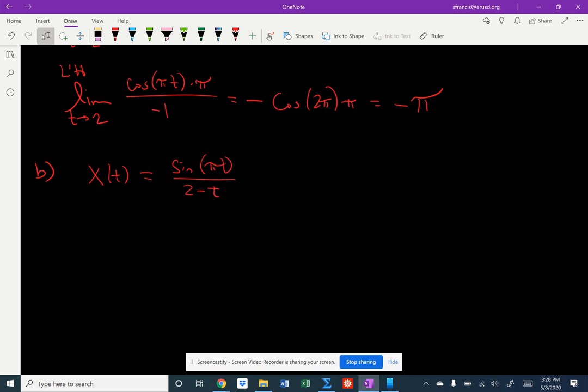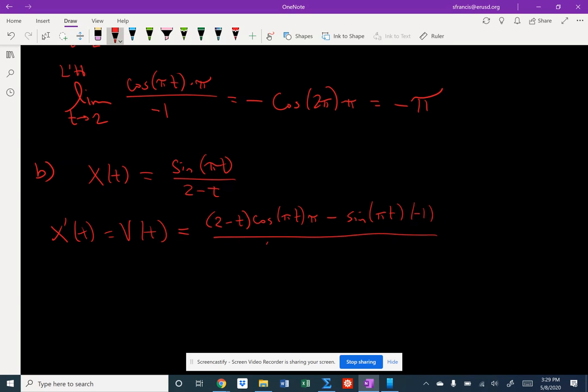The other connection that they're making here is that you have to remember that the velocity function is the derivative of the position function, so they don't tell you to find x prime, they tell you to find the velocity. And so they're having you remember that relationship there. Of course, we need the quotient rule, so low d high minus high d low over low squared.